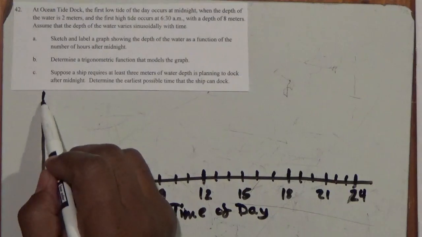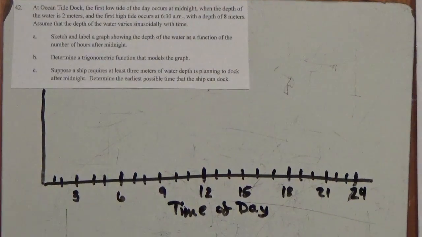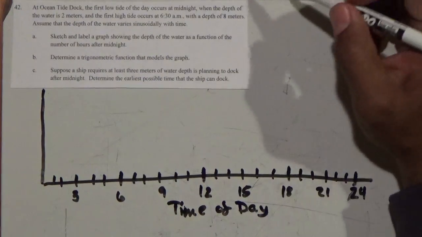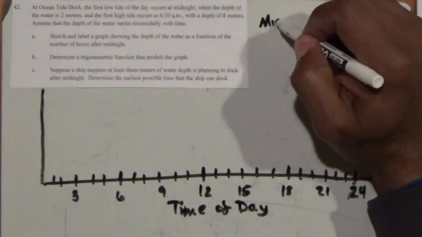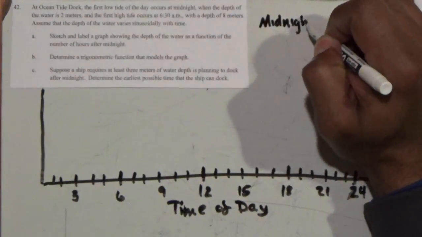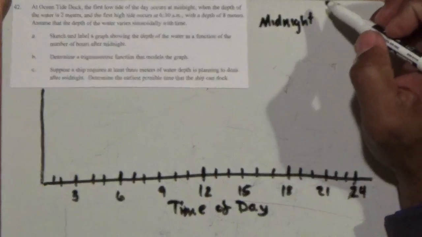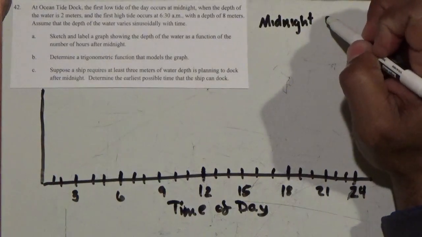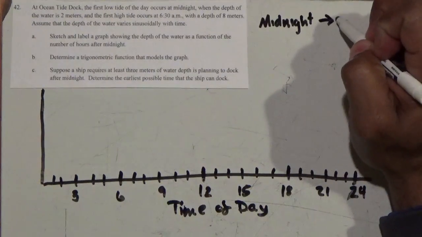Let's look at the information given. They tell us that at midnight we get the first low tide, and that's a depth of 2 meters.